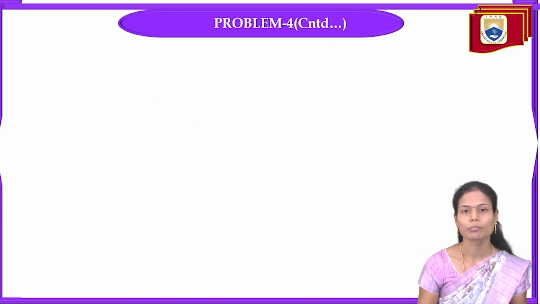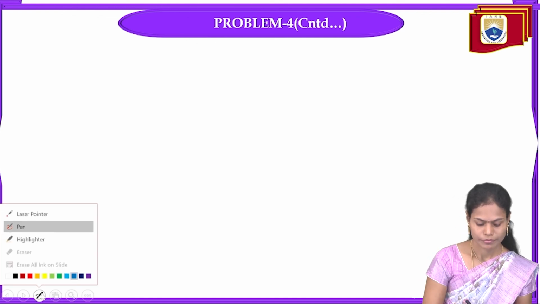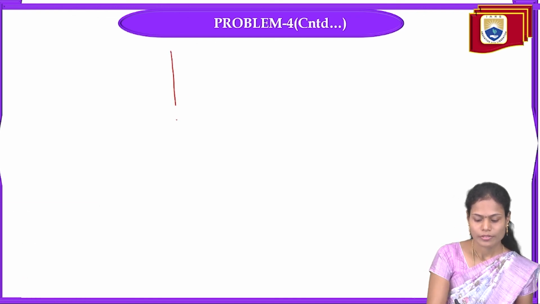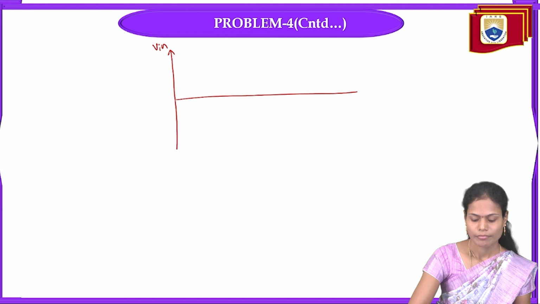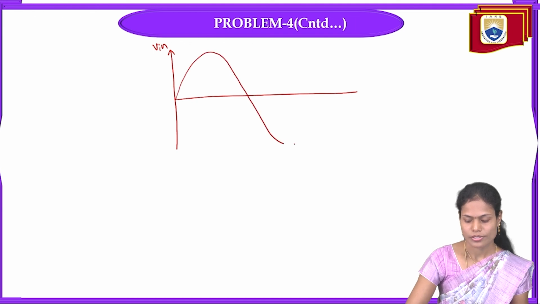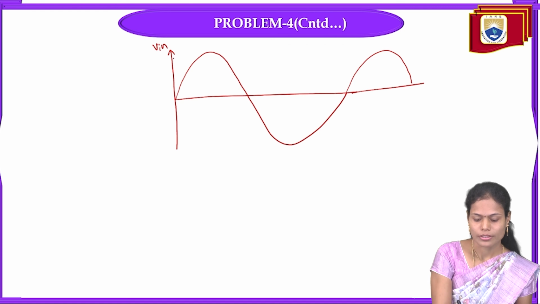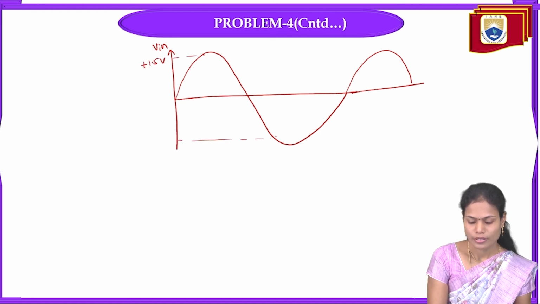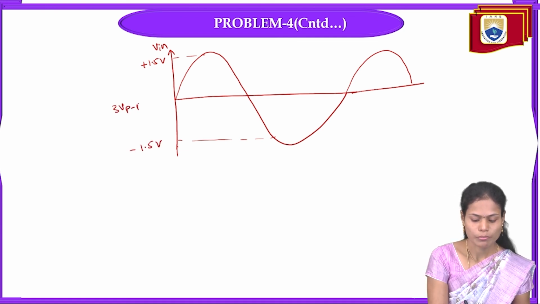So let's draw the output waveform for this given input signal. First I am drawing the given input signal Vin. It is the sinusoidal signal with positive peak of plus 1.5 volts and negative peak of minus 1.5 volts, so total 3 volts peak to peak.